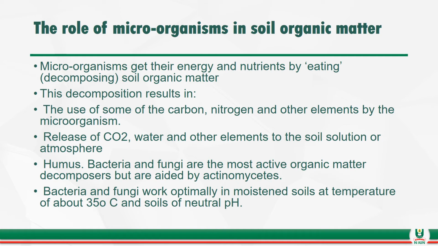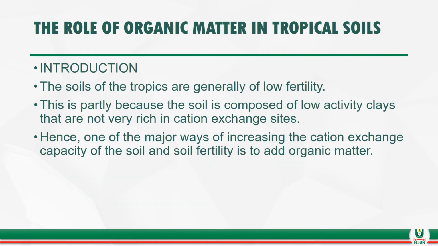Humus. Bacteria and fungi are the most active organic matter decomposers but are aided by actinomycetes. Bacteria and fungi work optimally in moistened soils at temperatures of about 35 degrees centigrade and soils of neutral pH.